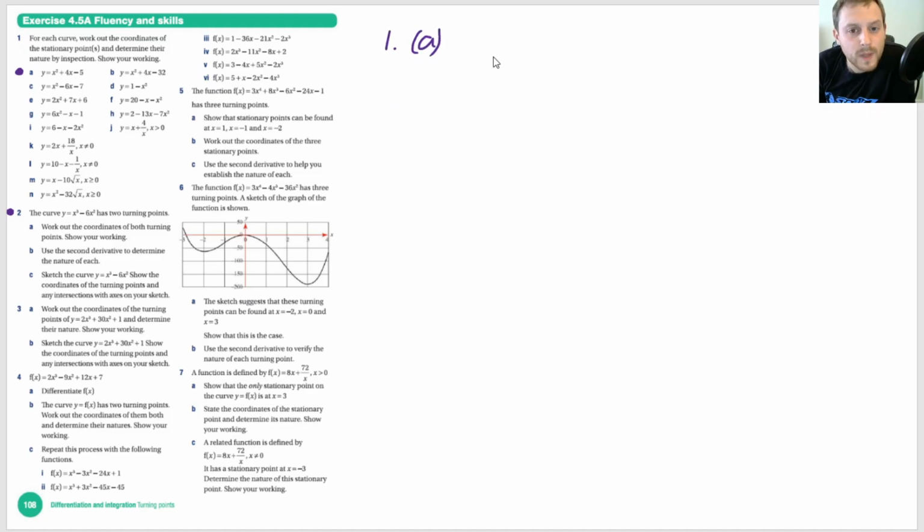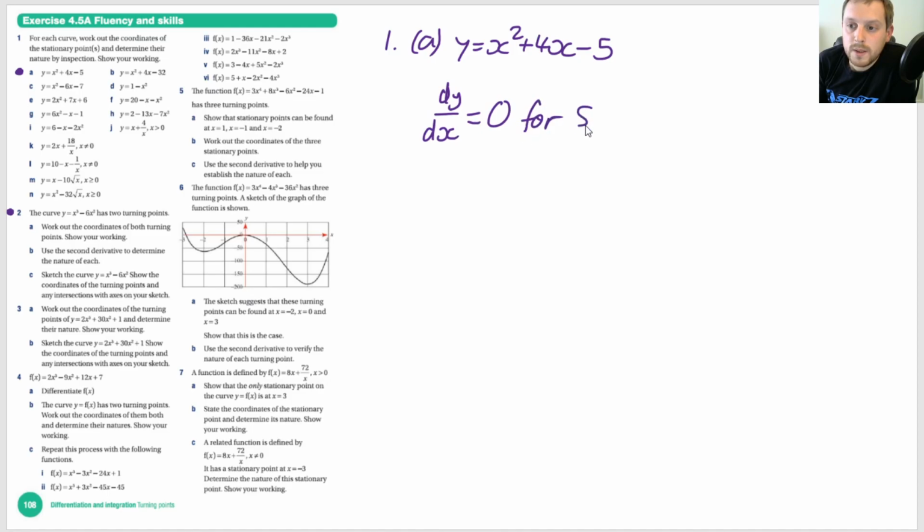Right, so 1A. We've got y is x squared plus 4x minus 5. And it says for each curve, work out the coordinates of the stationary points. Right, so we're going to do dy by dx, which has to be 0 for a stationary point. So dy by dx is 2x plus 4.